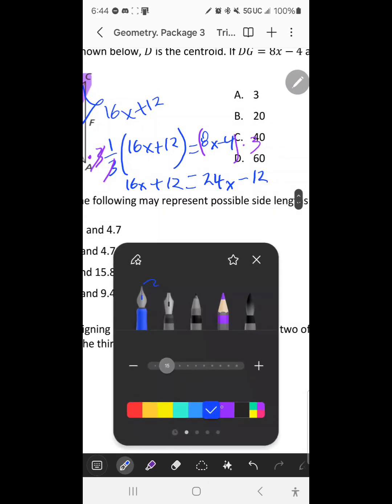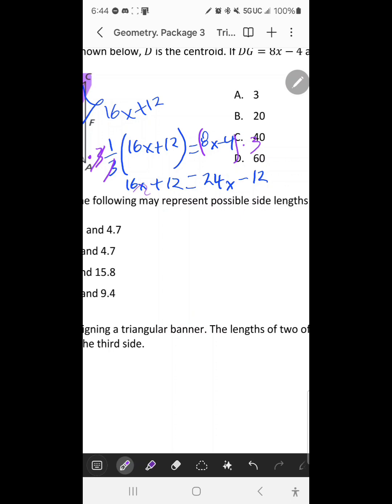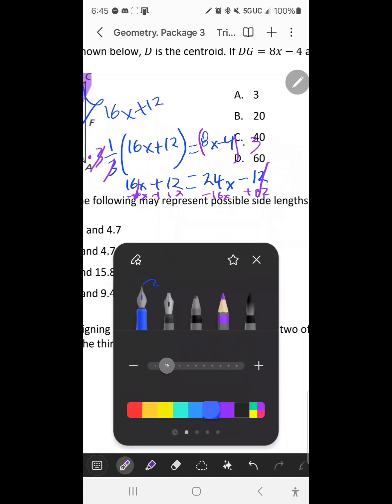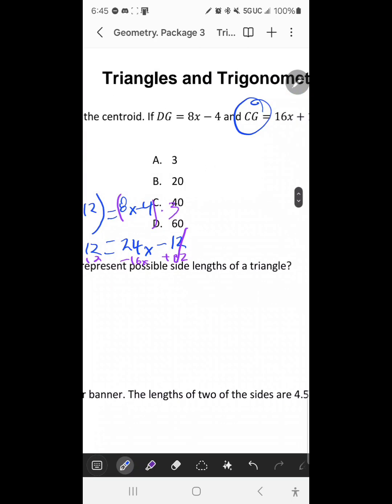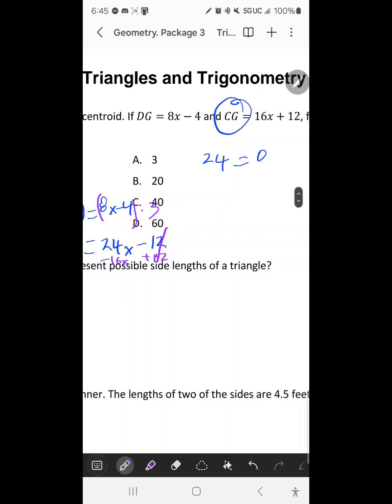Now I'm going to subtract 16x from both sides and add 12. This cancels, and I get 12 plus 12 is 24, so 24 equals 8x, and we divide by 8, and we get that x equals 3.